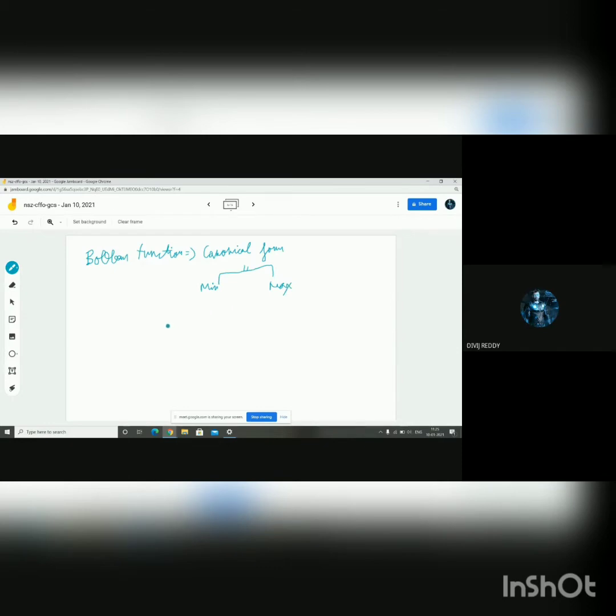Minterm means nothing but a product, and maxterm means sum. Now let us see about canonical form minterm.